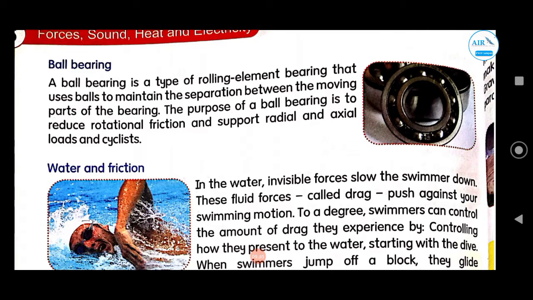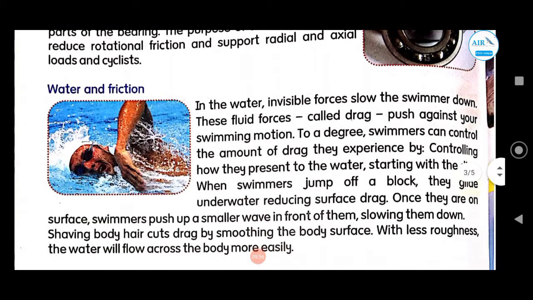The inner metal is fixed with some axle, and the outer body rotates due to these rolling bobs present inside them, which we call ball bearings.